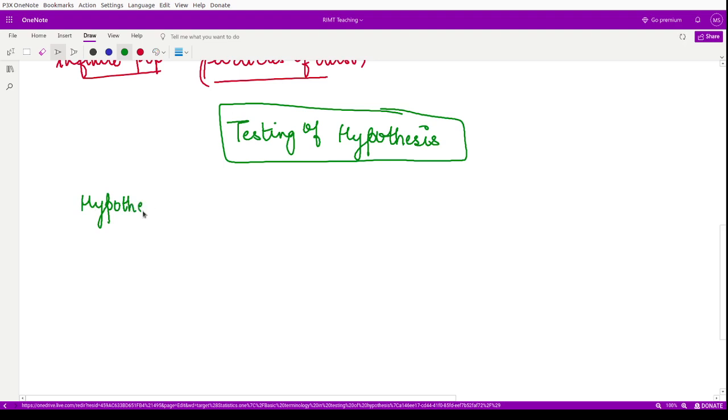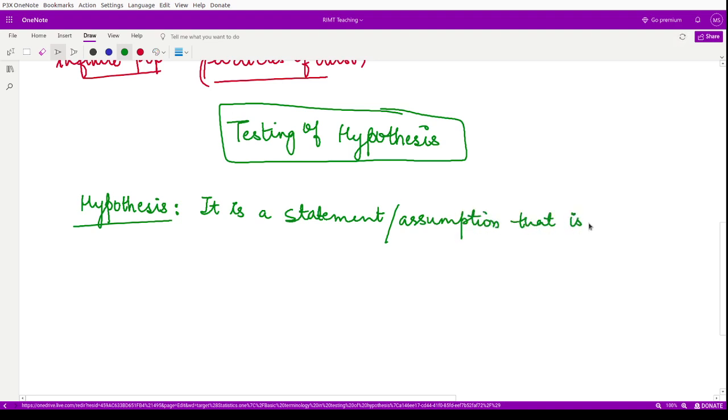So hypothesis means a statement or assumption that is yet to be proved. This word is very common in science.